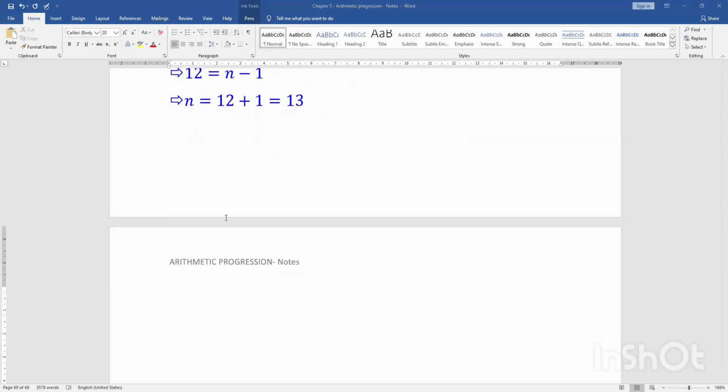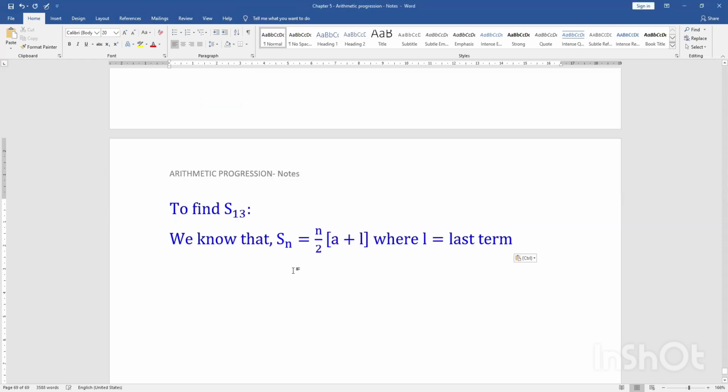Now let me find S13. To find S13, we are going to use this formula: S_n equals n by 2 into (a plus l), where l is the last term. Let me write the formula again, and then I will show you the substitution.